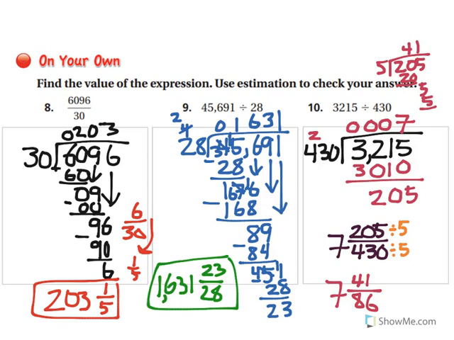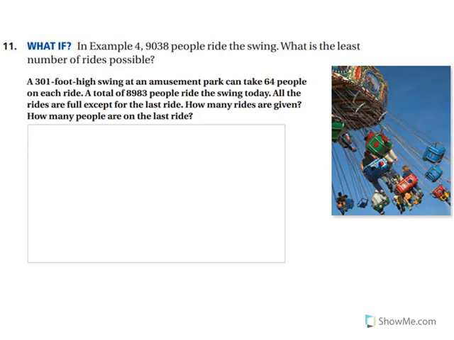Wow, this is a long video. I'm so sorry. You're doing great, though. Let's hang in there. Last problem, just like the example we did before, okay? In example 4, there were 9,038 people riding the swing. What is the least number of rides possible?